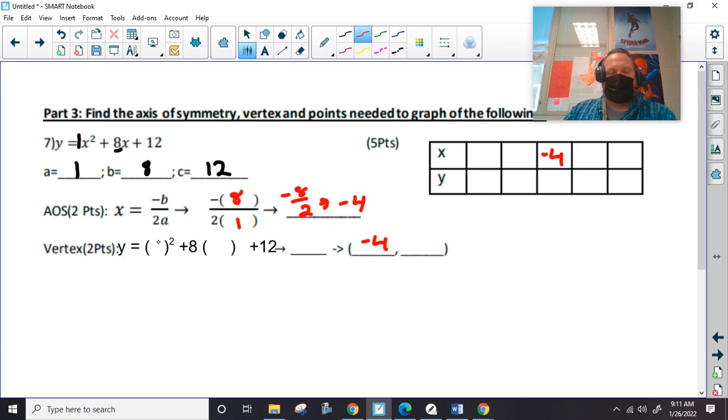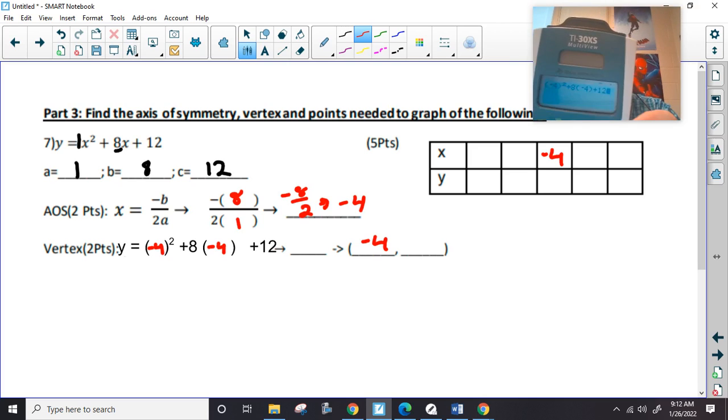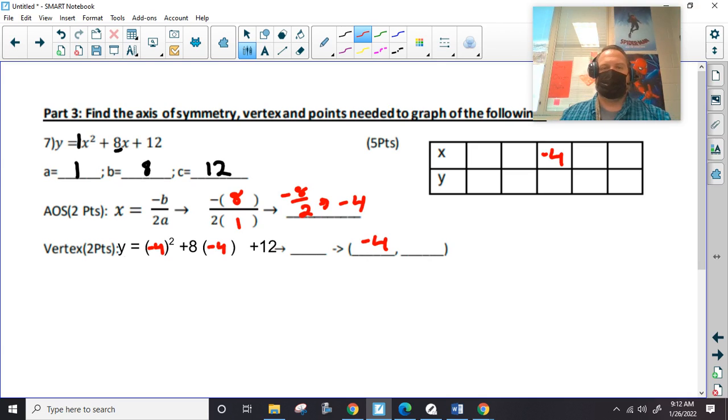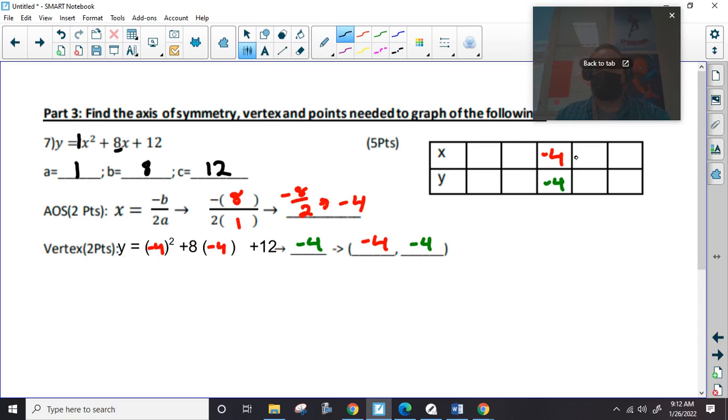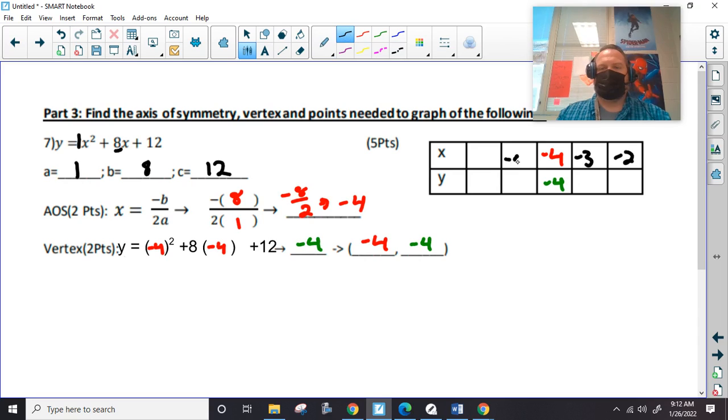All right. So now that we have the right equation right here, plug it in with our calculator. And again, we get negative 4. All right. Negative 3, negative 2, negative 5, negative 6.